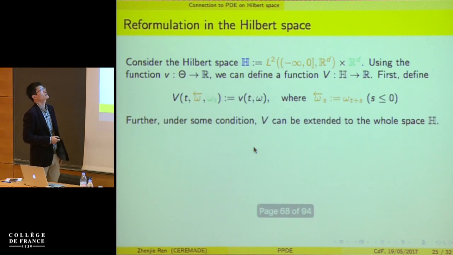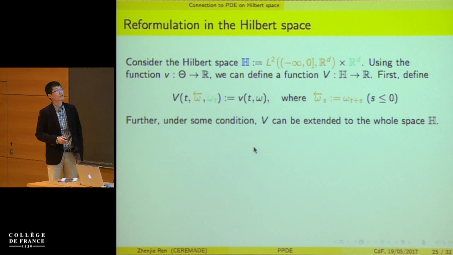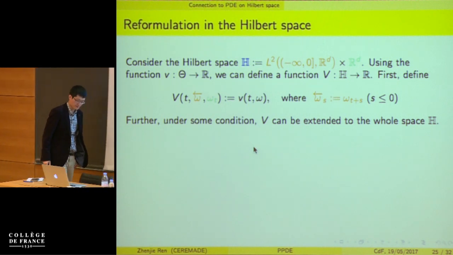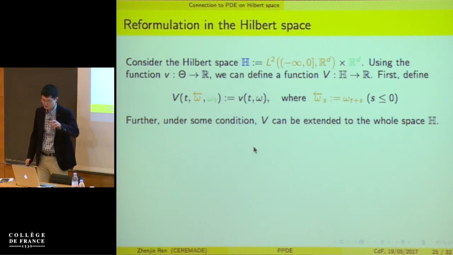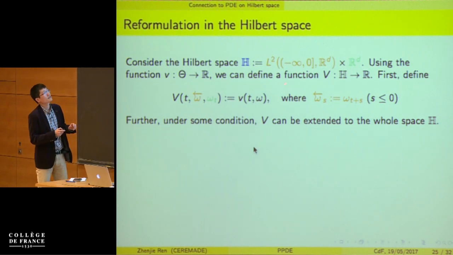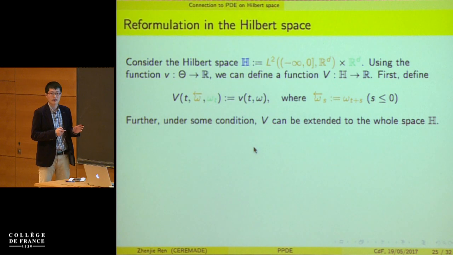How do we do that? We define capital V in such a way through embedding. Given a path omega in our path space, for the green part, the R^d part of the Hilbert space, it's easy: we just record the final value of the stopped path, so we only record the value of omega t.